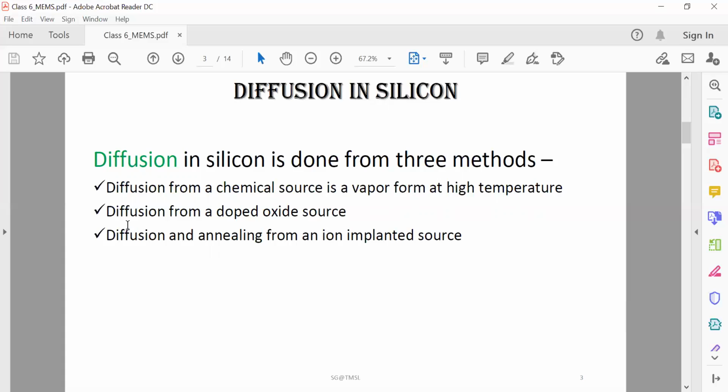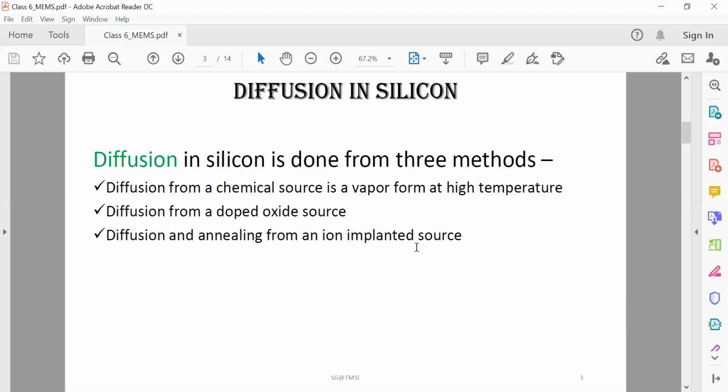Another is diffusion from a doped oxide source, silicon dioxide, this type of oxide can be formed. And the third is diffusion and annealing from an ion implanted source.